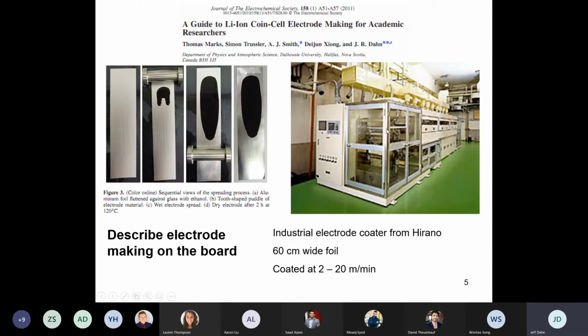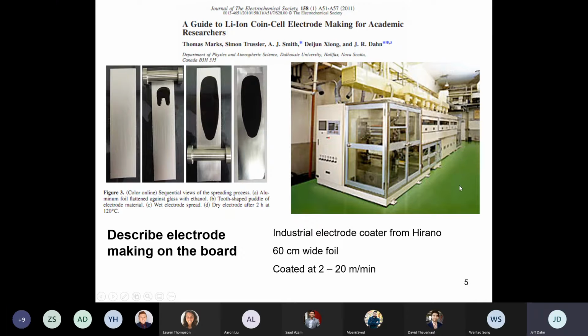And because you're running so fast, such a wide foil, what you coat at one end goes through a drying tunnel, and when it comes out the other end, the electrode has to be dry because you're going to wind it up on a take-up spool. The drying tunnels can be really long, like 70 meters even, incredibly long. So the thing can run at very high speed. So you can imagine if the foil ever breaks, how fun it is to rethread the machine.